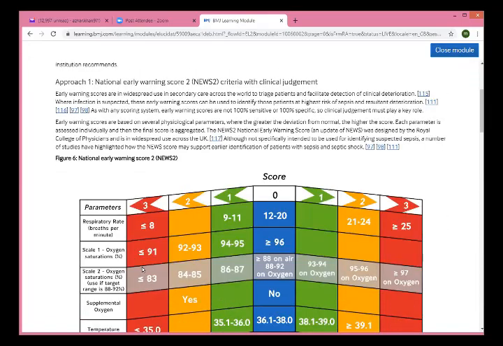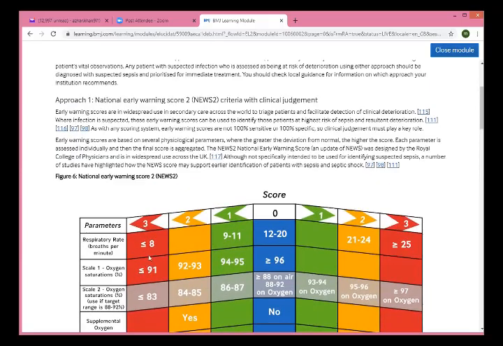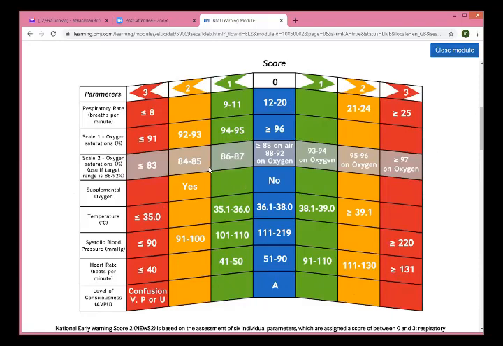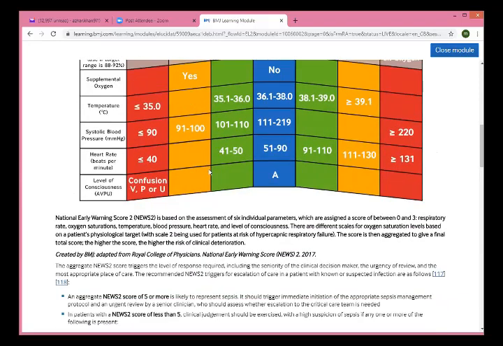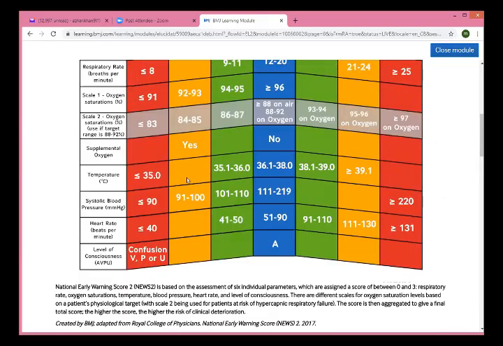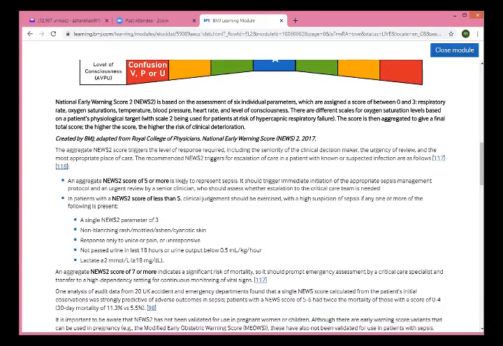So this is the National Early Warning Score criteria. Early warning scores are based on physiological parameters, okay? So changes in these physiological parameters give you the early warning score. A new score of 5 or more is likely to represent sepsis.